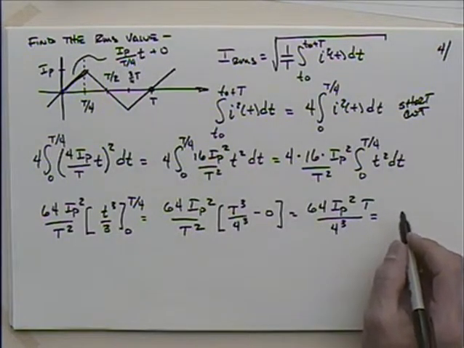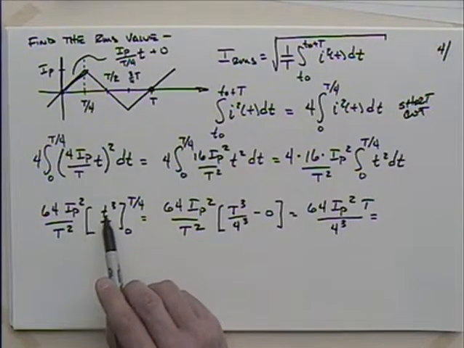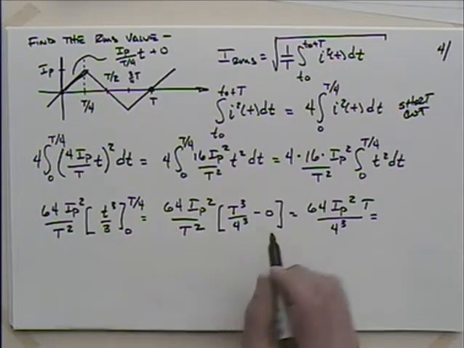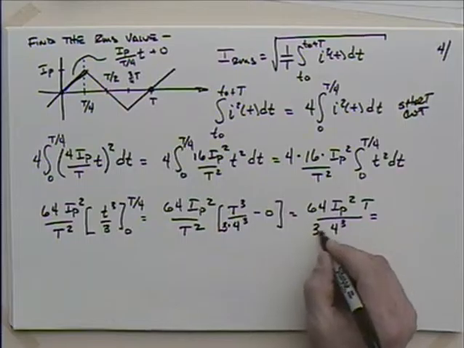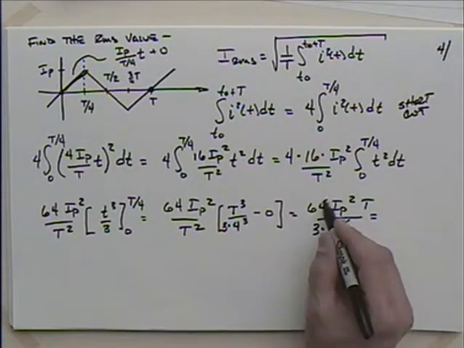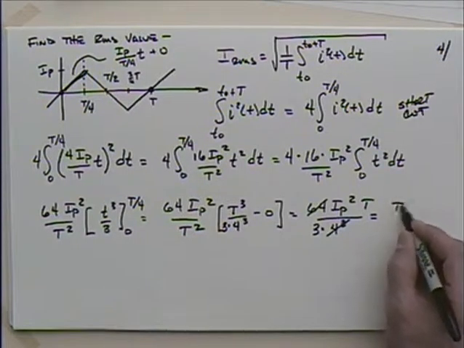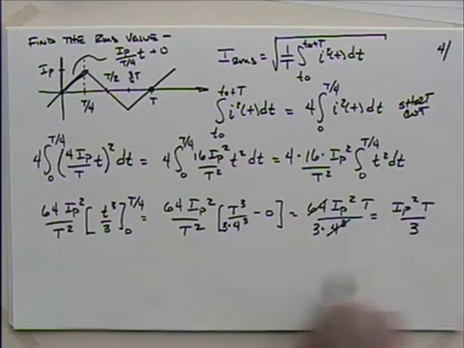So this turns out to be equal to, I think I left a 3 off somewhere, didn't I? Yeah, let's see, where did I lose my 3 at? Evaluated there. Yeah, this would have to be 3 times 4, wouldn't it? So I'd have a 3 here. And I get to cancel that with that. So I've got the peak value squared times the period divided by 3.